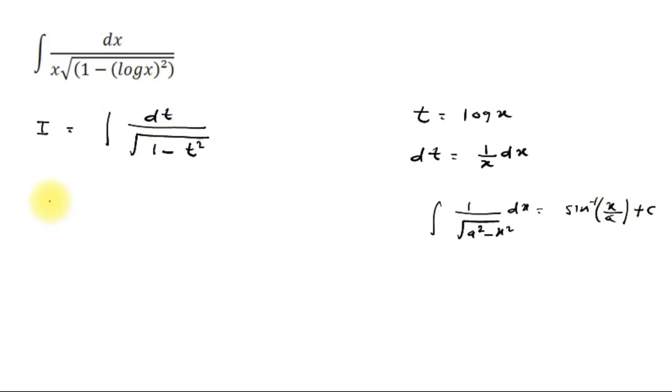So after integration, I is equal to sine inverse t over a, and the value of a is 1, plus integration constant c. So if we put the value of t, which is equal to log x, we get the required answer, and the final integration is sine inverse log x plus integration constant c. So this is our final answer.